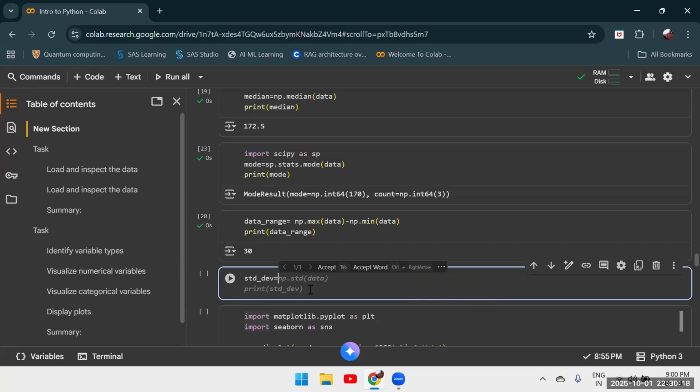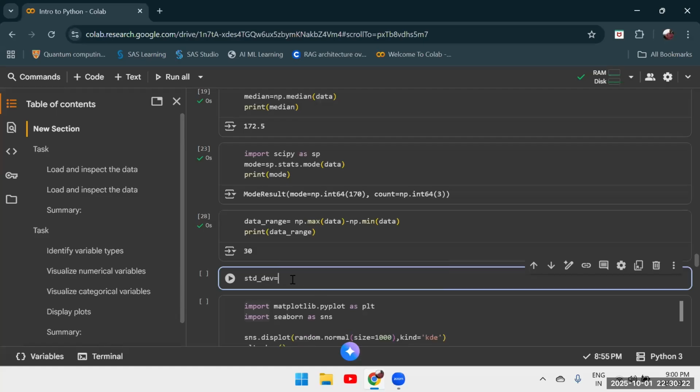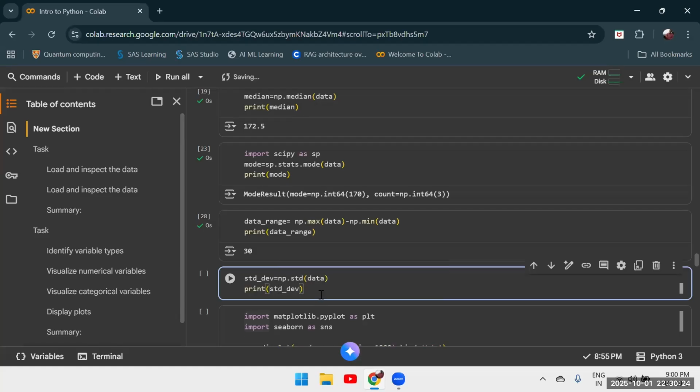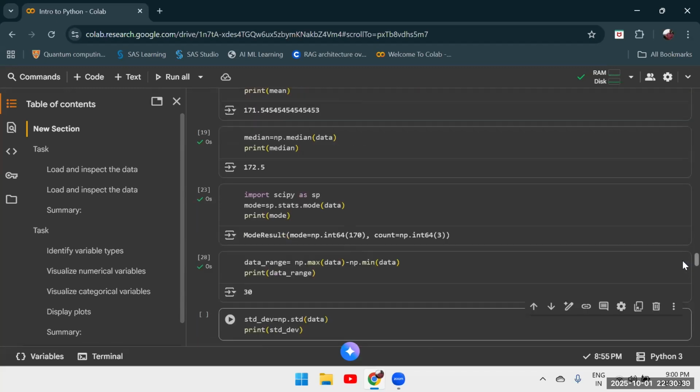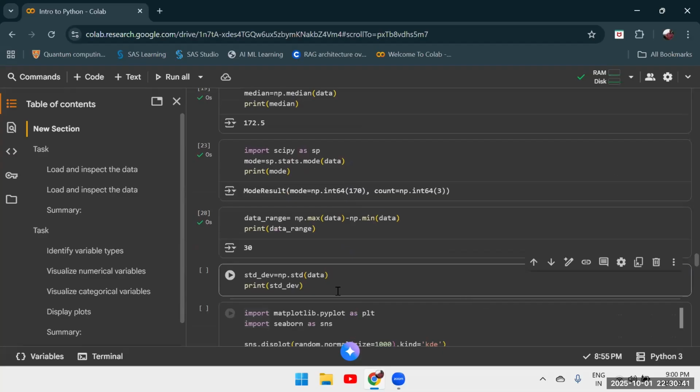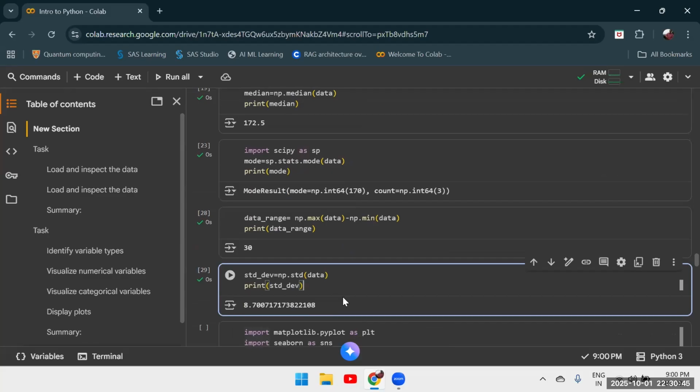In NumPy we have a function called std, and we'll be using it to compute the standard deviation. Now this particular data is taken. For the same data, I'm not sure whether I added any outliers to this or not, I don't think it is there. Let's see the standard deviation. What does this 8.7 say?